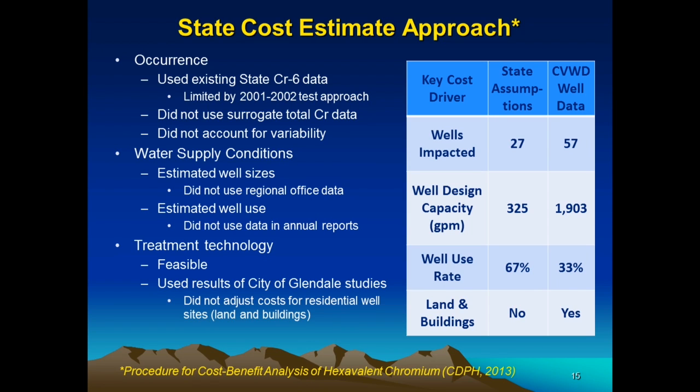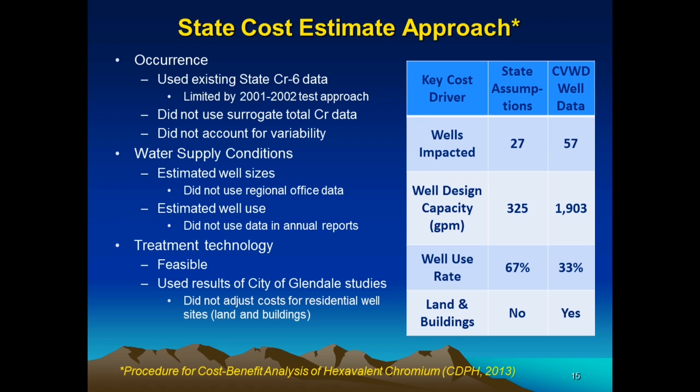And this is kind of the summary. So statewide, can you see okay? Everybody see okay? The estimate the state has for the large public water system category, that's what we have, a large public water system, is $64 per year. That's using those assumptions that they use to predict the cost. Now this is using the same state method, their same data that the state used, but applying it to our system.